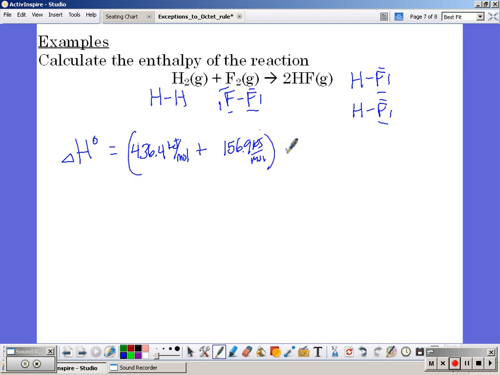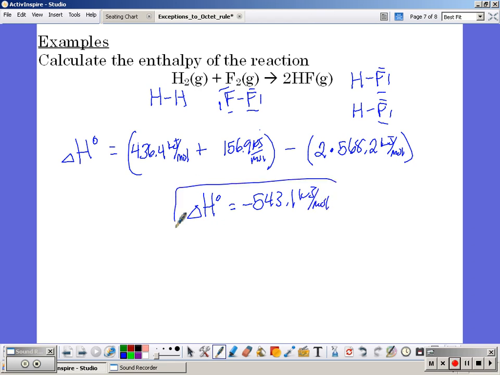Now I have two HF bonds, so we're going to do 2 times HF, which is 568.2 kilojoules per mole. So my delta H value would be a negative 543.1 kilojoules per mole. So this is an exothermic reaction, so HF would likely form anytime hydrogen and fluorine come into contact.